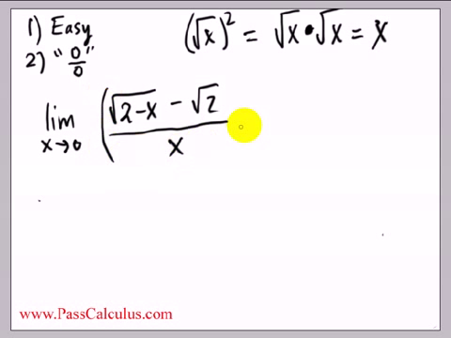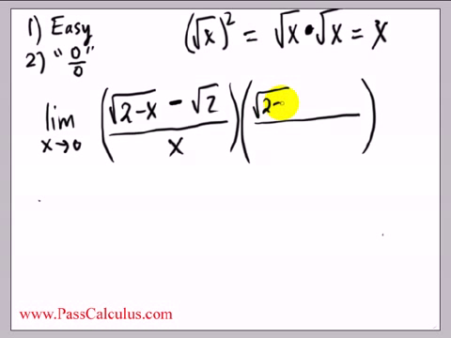To save some time, I'm just going to multiply the original question right away by my good choice of rationalizing. Now look, this is a minus here, right? So basically what I want to do is recopy this expression on the top and bottom, but use a plus instead. So we're going to write the root of 2 minus x plus root 2.